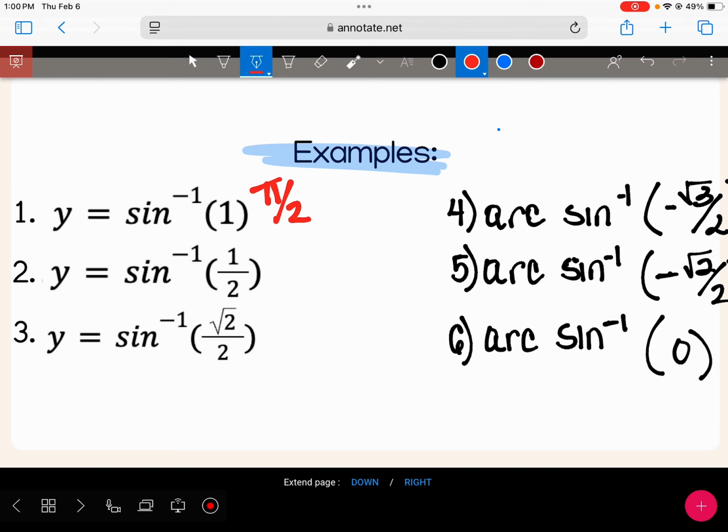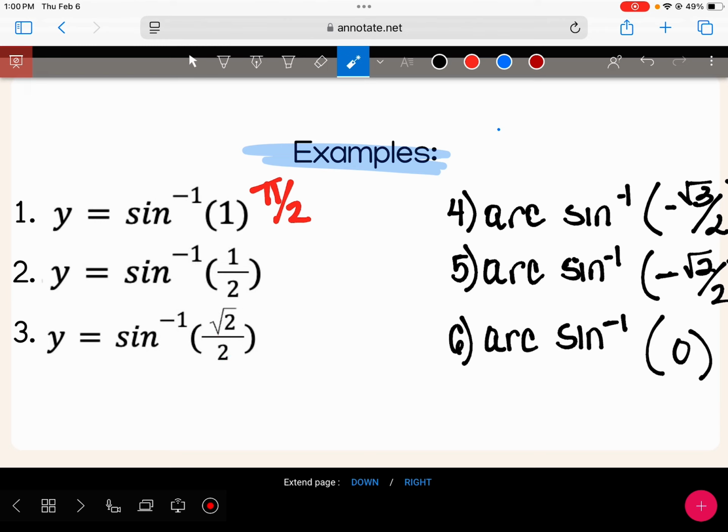All right, go ahead and look at your unit circle. Number 2 is asking you what angle has a sine value of positive 1/2. Now we know that we're in quadrant 1 because all of these answers are positive. So we're looking in Q1 for all of these. So what angle, somebody besides Anna, what angle has a sine value of positive 1/2?